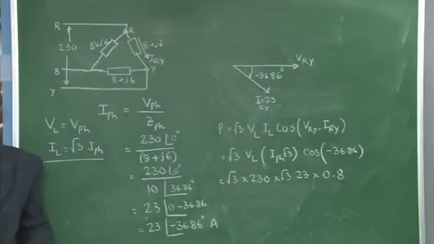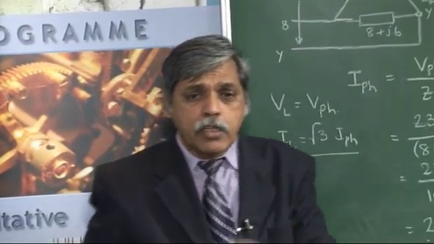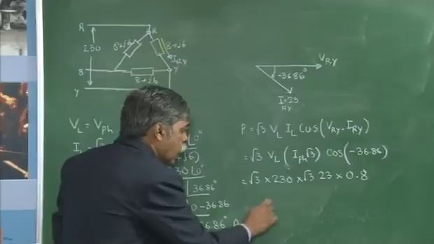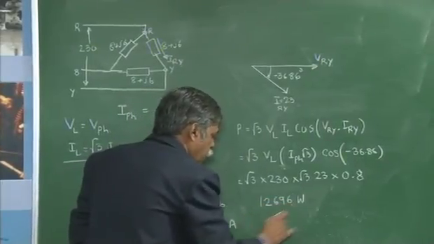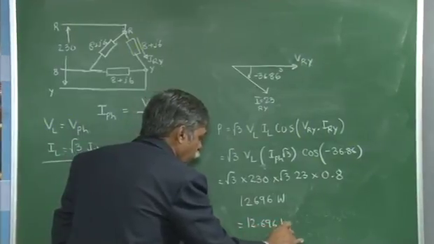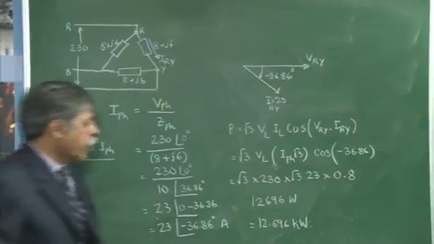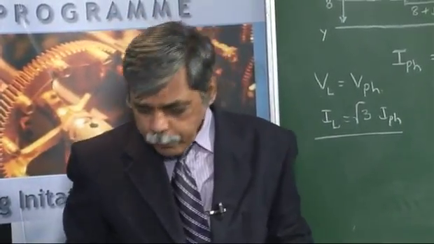The product of this gives us the power. As per my calculation, the power is 12,696 watts, which you can write as 12.696 kilowatt. This is how we do the problem.